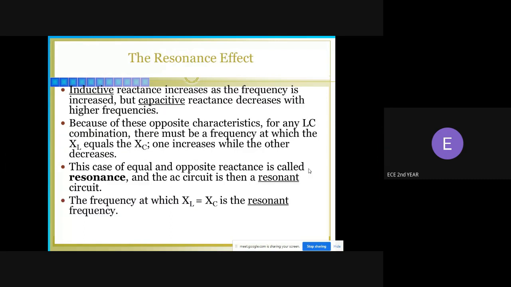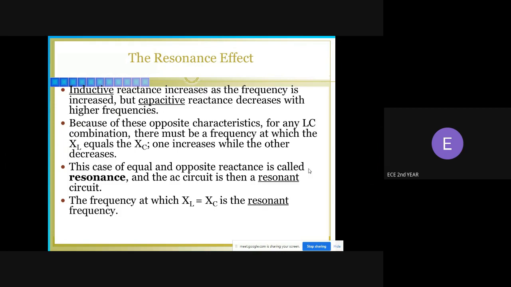So what is resonance and what is the resonance effect? Inductive reactance increases as the frequency is increased, but capacitive reactance decreases with higher frequency.